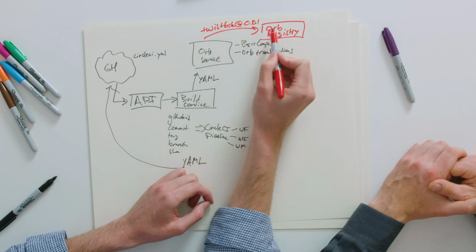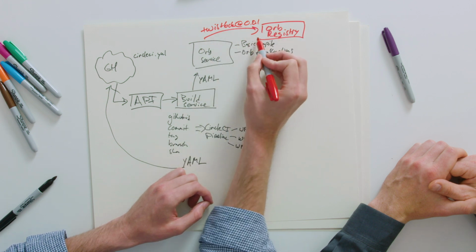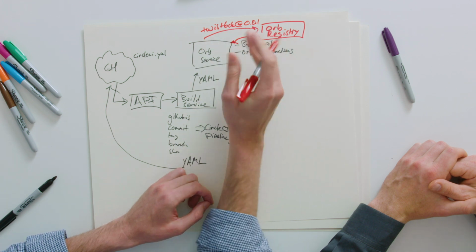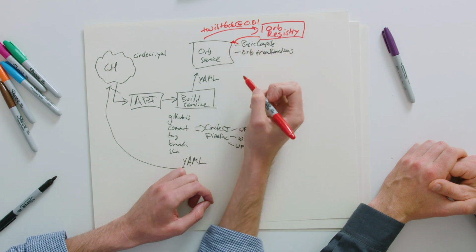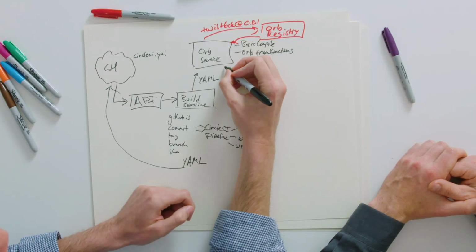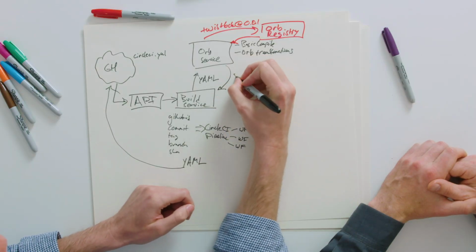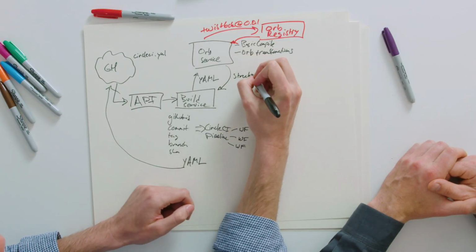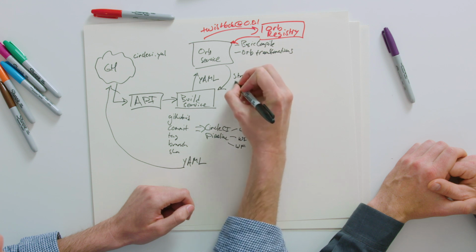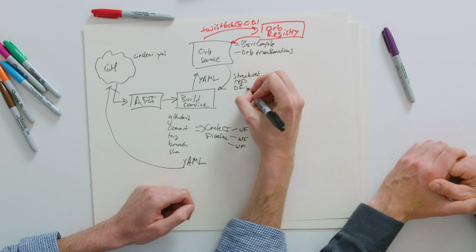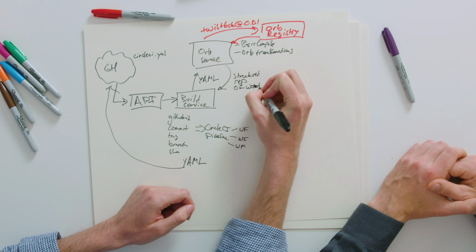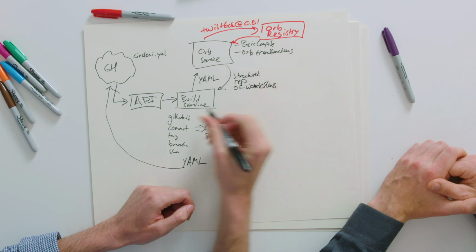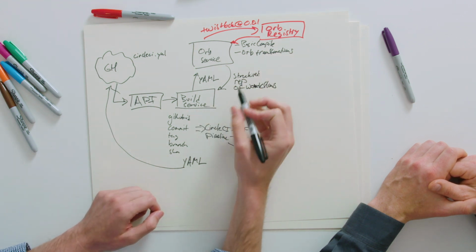And the orb service is going to look that up in the orb registry, pull back effectively the recipe for the orb, and apply that as part of the config compilation. So what we get back from that is basically a structured representation of the workflows. Workflows. Back to our build service.